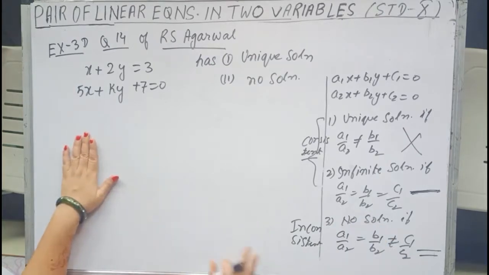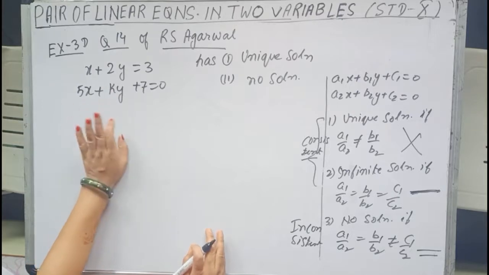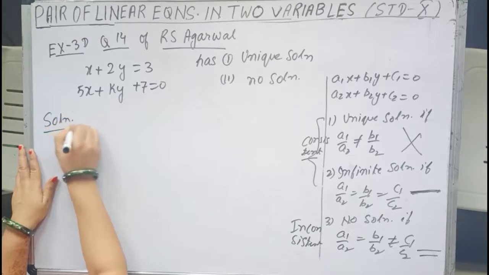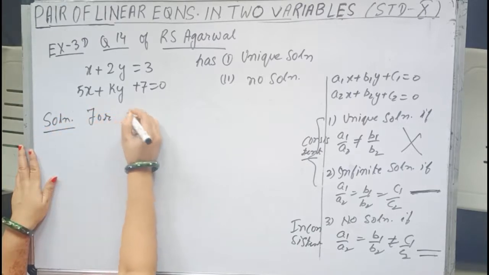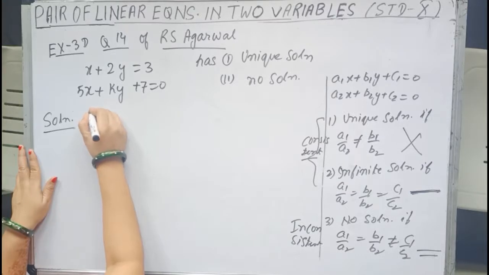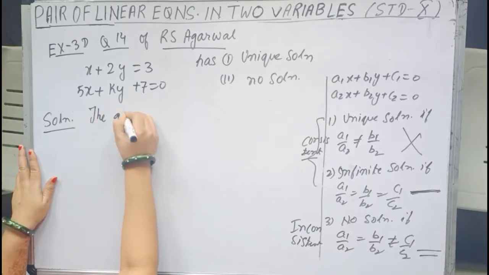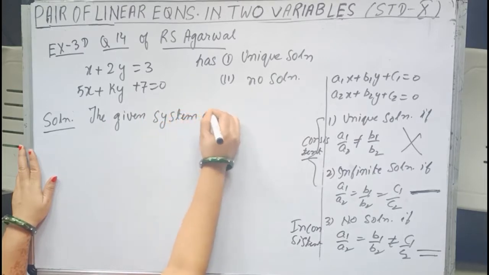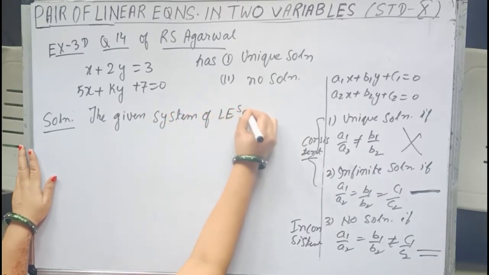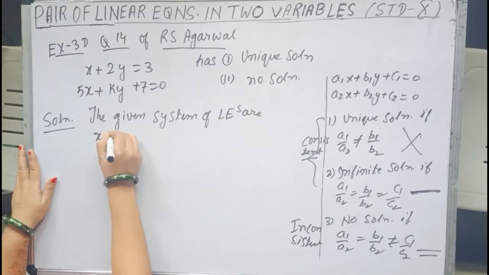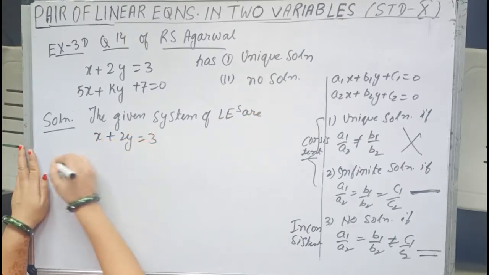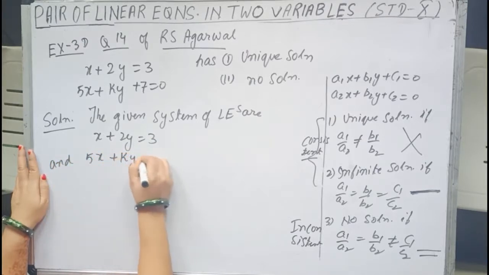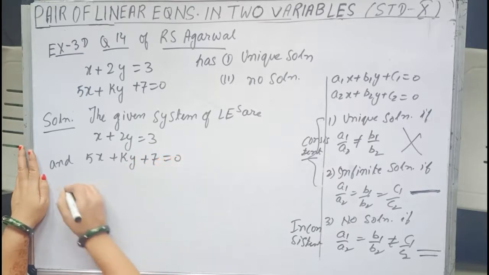Now this question is saying that find the value of k for which this system of equation has unique solution. So we will start the solution. The given system of linear equations are x plus 2y equals to 3 and 5x plus ky plus 7 equals to 0.